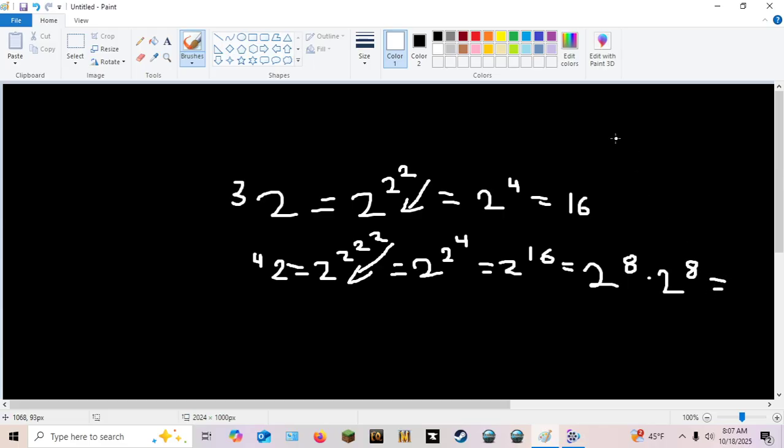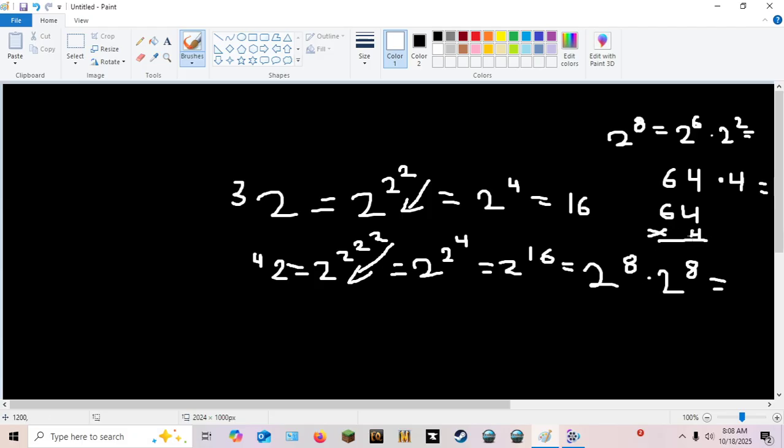If you evaluate 2 raised to the 8th, we can break that down into 2 raised to the 6th times 2 squared. 2 raised to the 6th power equals 64, and then this equals 64 times 4.